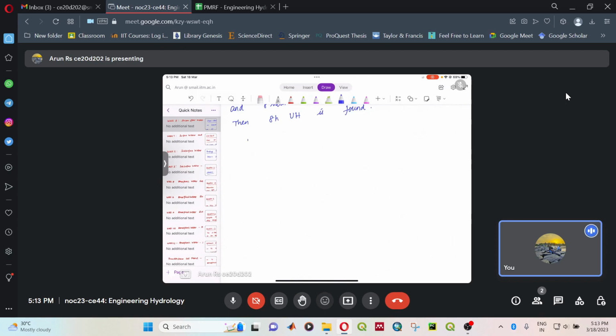So we can form a table for this. It will be easy to work. Time and 4-hour unit hydrograph ordinate, which is given in the question. So this is meter cube per second per centimeter of rainfall excess.